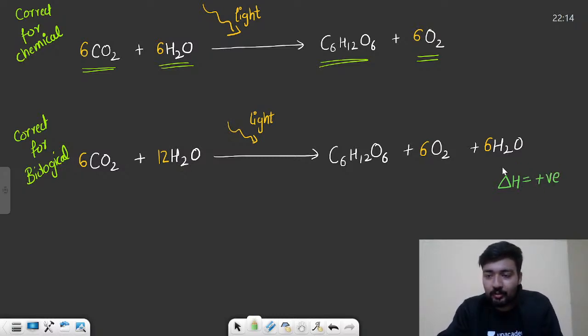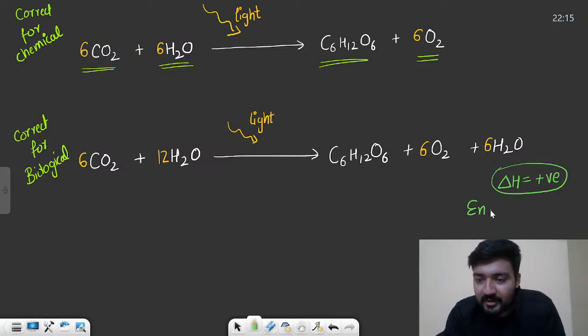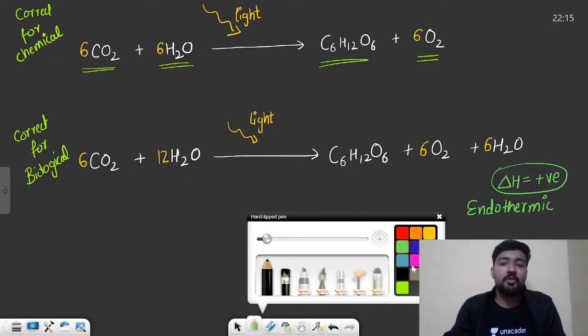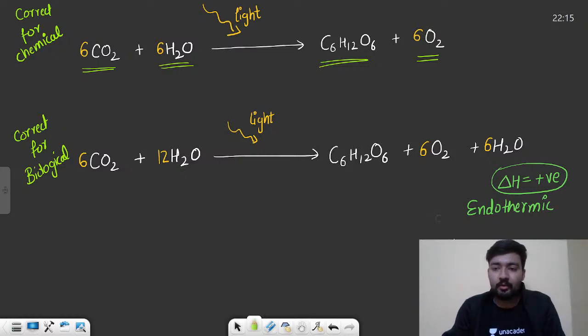It is something related to thermodynamics. Because we are taking in energy to carry the process, this whole process is endothermic. It takes in energy in the form of light, so it is intaking light energy. Another term which is used to express endothermic is endergonic.